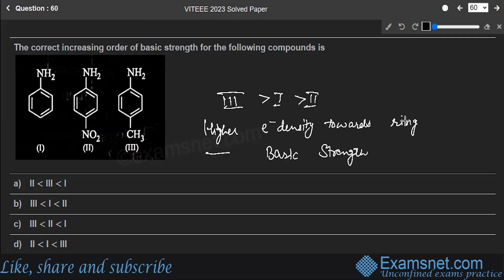Electron donating groups increase the basic strength while electron withdrawing groups decrease the basic strength. So we have a look at over here. This is the right answer, D option. Hope you got that.